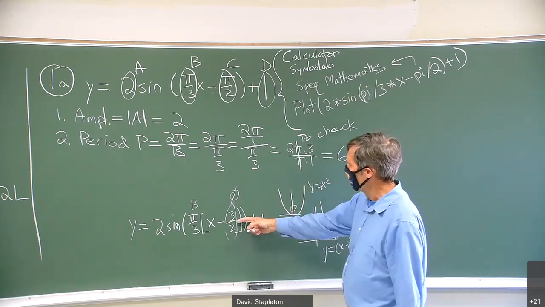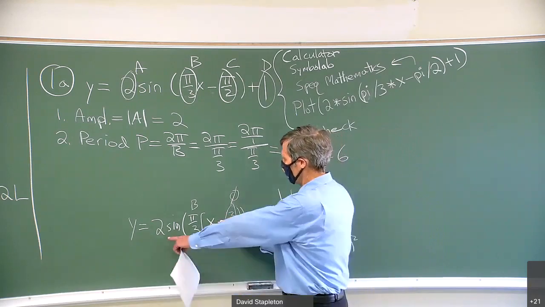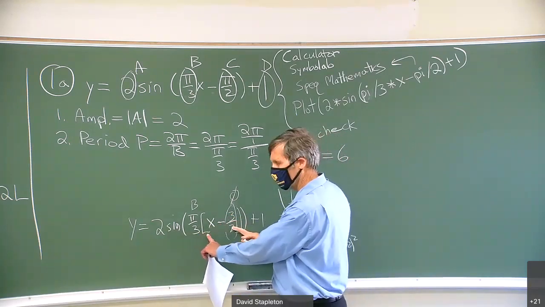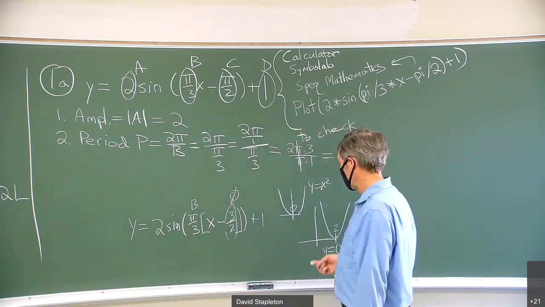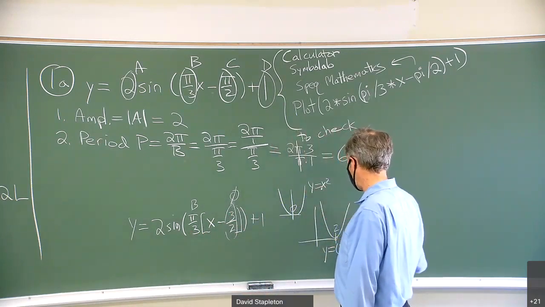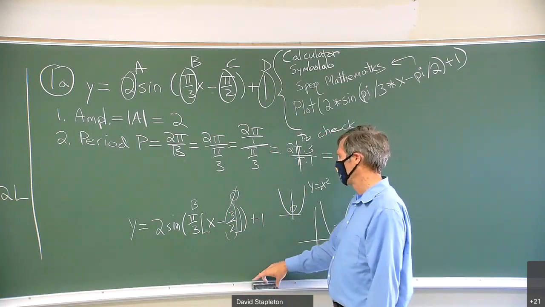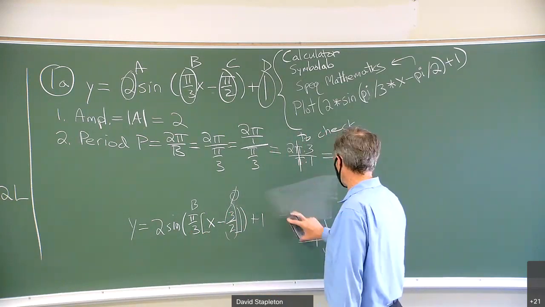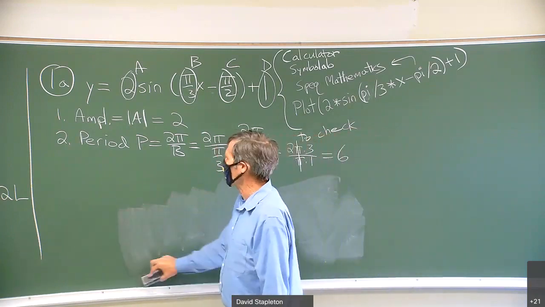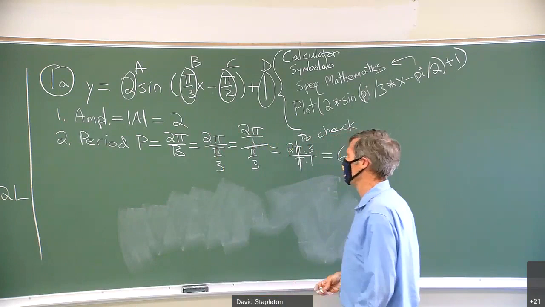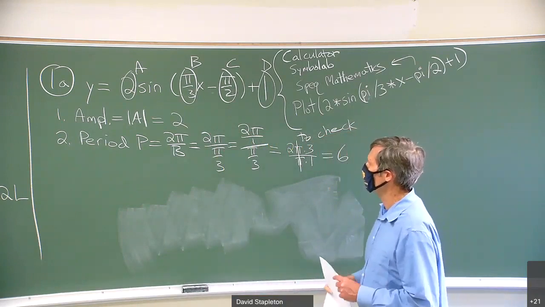And with this one, if I just had 2 sine pi over 3x, it's a shift of 3 over 2, and it shows you the phase shift right off. If you like to think of it this way, replacing x by x minus a number is the phase shift. Maybe that's too long an answer, but both ways work is the point. I've been doing it this way for the class, and books do it both ways.